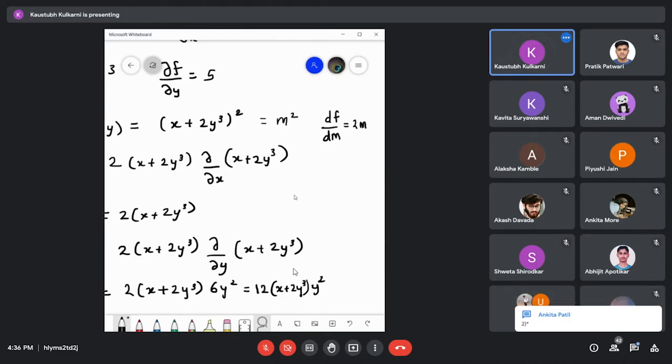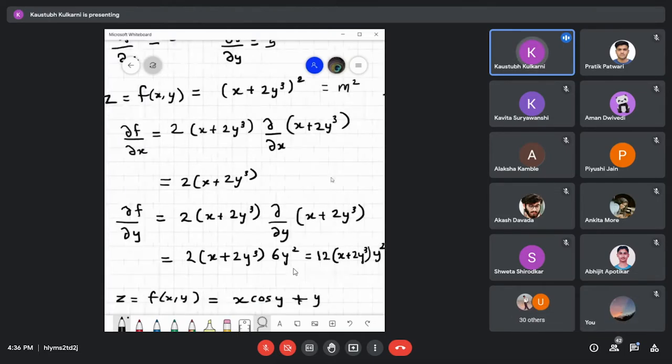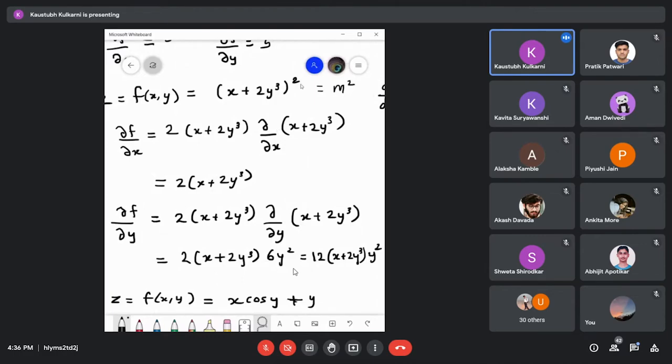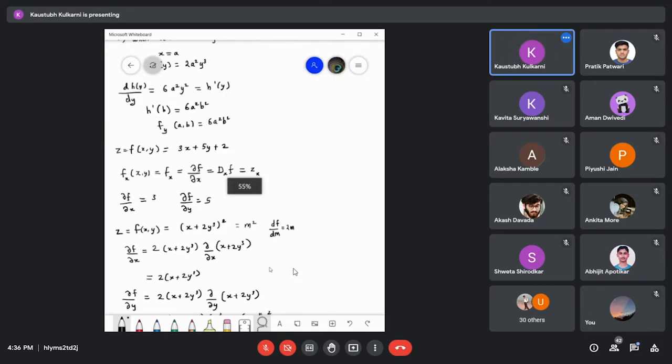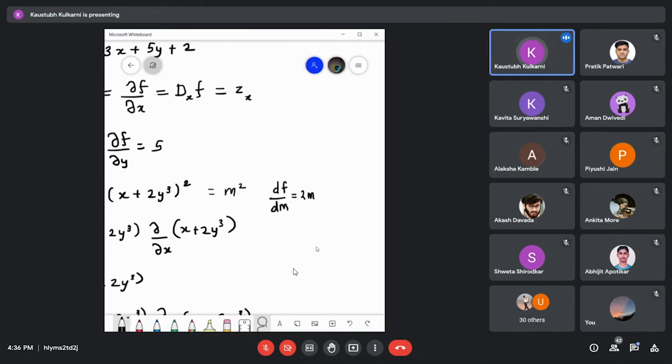Similarly, in case of y, first you'll have to solve this m square, which is 2m, and then find the partial derivative of the m itself. So effectively it is like finding df by dm, and then finding dou f by dou x and dou f by dou y respectively. Okay, got it?